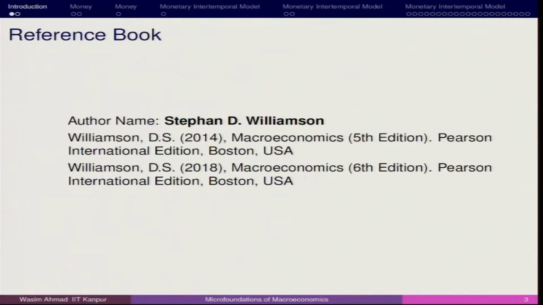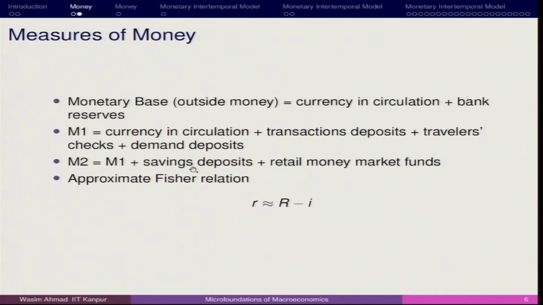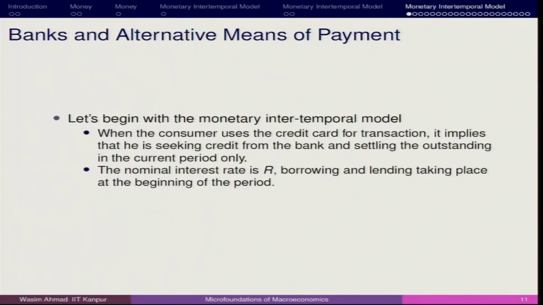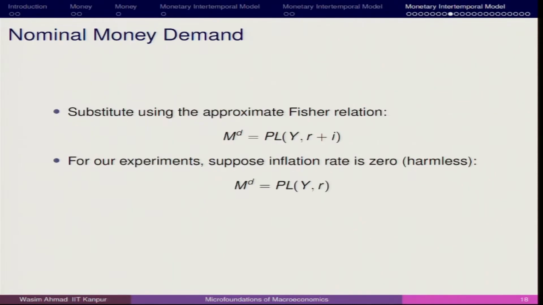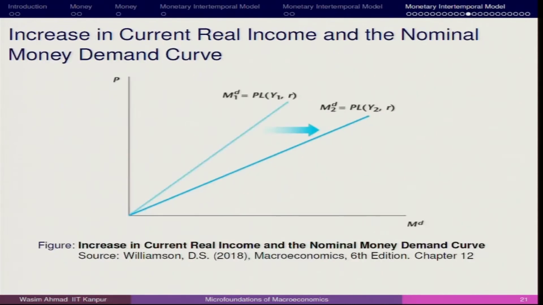For this particular lecture, the reference remains the same, Williamson, and we were talking about how we can determine the demand. This is the rightward shift. If I am here, I have this much demand, but the moment you have the rightward shift, you see a higher increase in money demand.